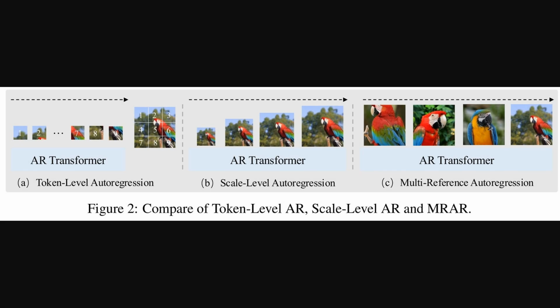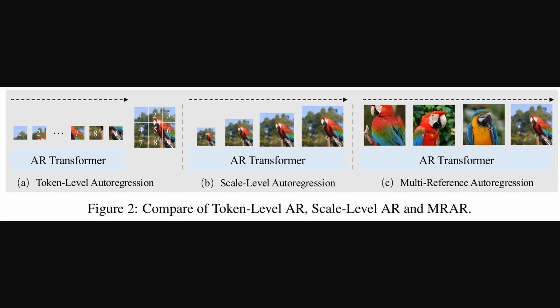Alright, so to really understand the core innovation here, this figure compares different autoregressive strategies. On the left, you have traditional methods. Token-level autoregression builds an image patch by patch like a puzzle. Scale-level autoregression starts with a blurry, low-resolution version and progressively sharpens it. But the new method, multi-reference autoregression, is fundamentally different.